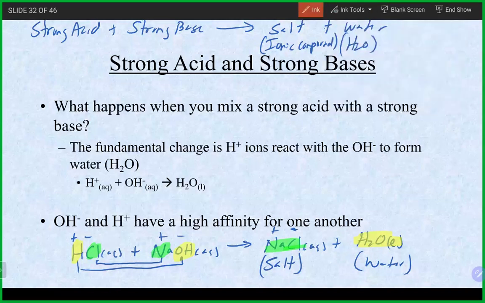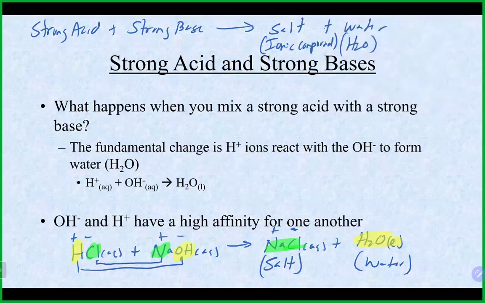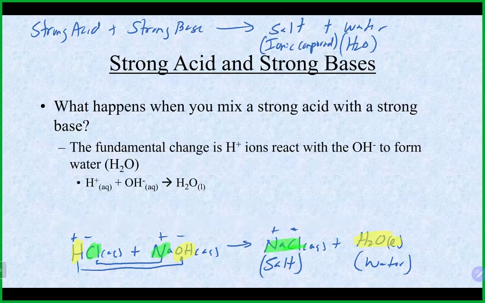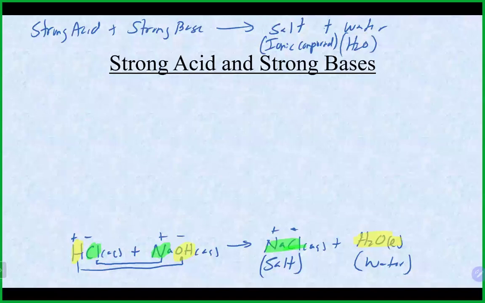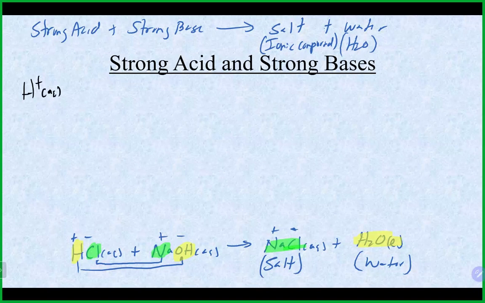So this is a double displacement reaction, and it is also classified as an acid-base reaction. No matter what combination of strong acid and strong base you put together, what is happening is the formation of water. If we take our molecular equation and break it up into our total ionic equation, we would have H plus and Cl minus from our acid.